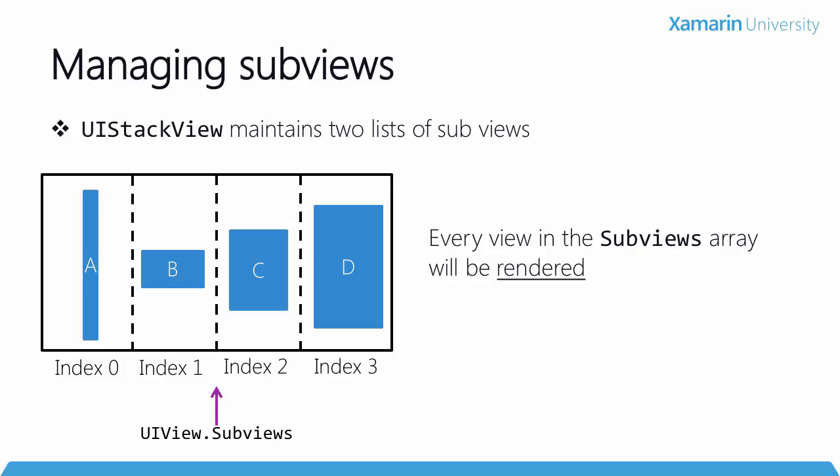And we can add subviews to any UIView by calling addSubview. Now, since UIStackView is a subclass of UIView, of course it also has this functionality. We can find the subviews property there. And indeed, everything that we put into the subviews array is going to be rendered.